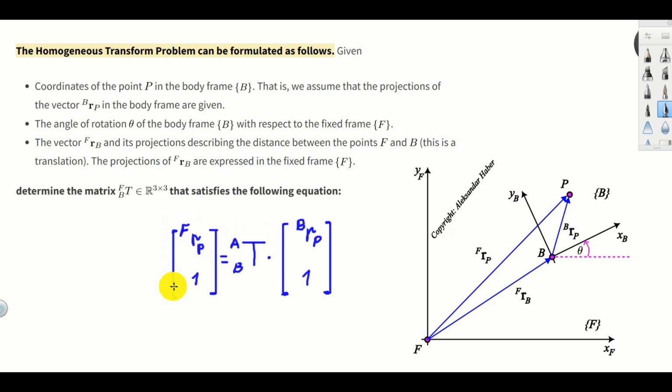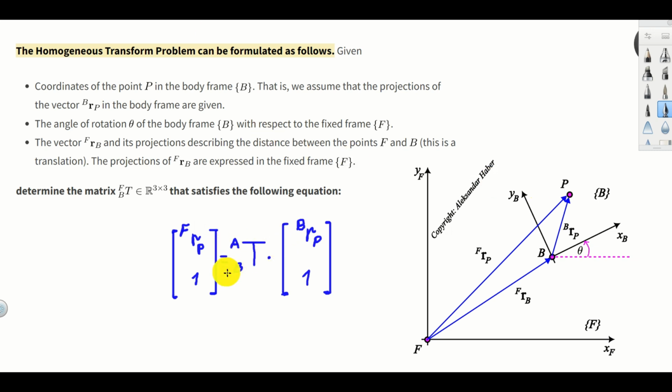This complete vector on the left hand side produces the coordinates of the point P in our fixed coordinate system. That is, this homogeneous transform will take into account translation and rotation of B with respect to F, and it will encode these operations to enable us to quickly transform the coordinates of the point P from one coordinate system to another.